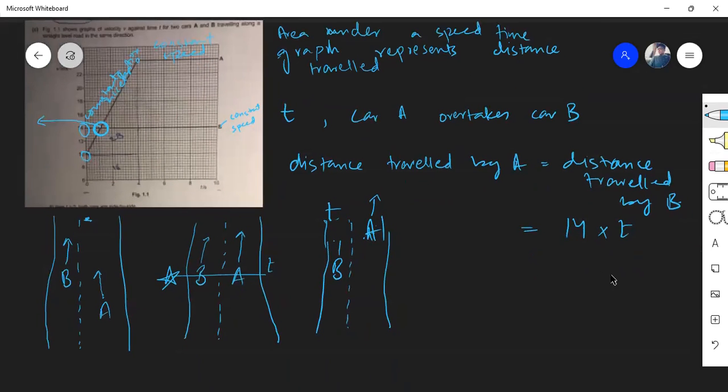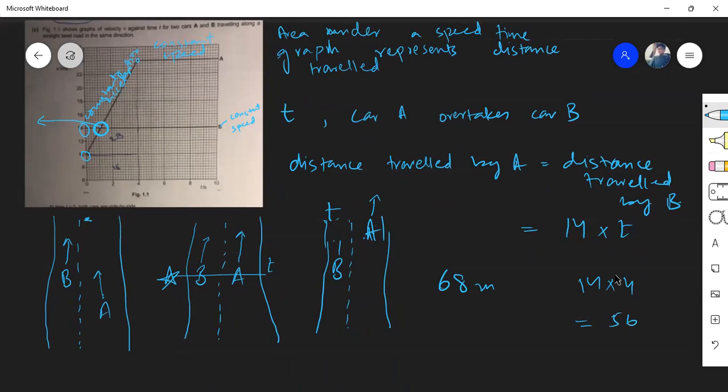So the approach here is to see how much distance car B travels in the first 4 seconds, and the answer is 68 meters for A. In the first 4 seconds, B travels 14 times 4, how much is 14 times 4? It's 56 meters only.